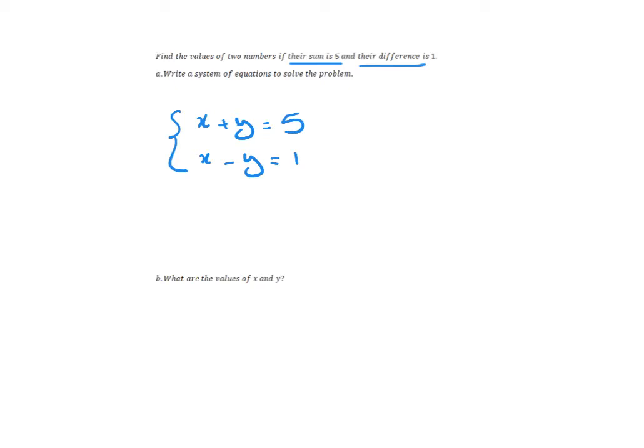But if I want to solve this using my method for systems of linear equations, I can use the elimination method, because clearly y and negative y are opposite to each other. Let me call this one equation number 1 and this one equation number 2.